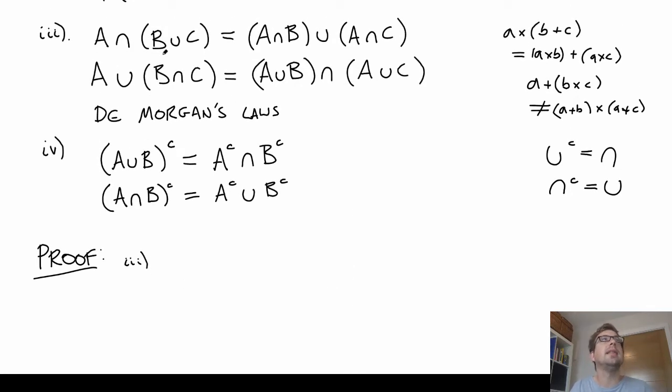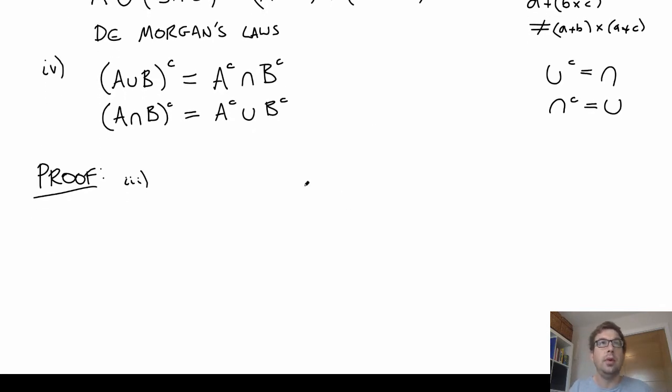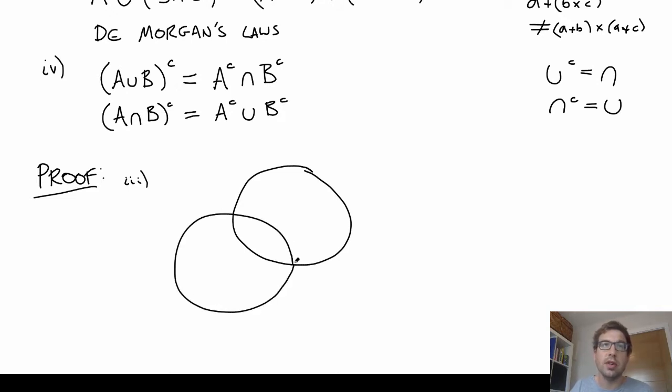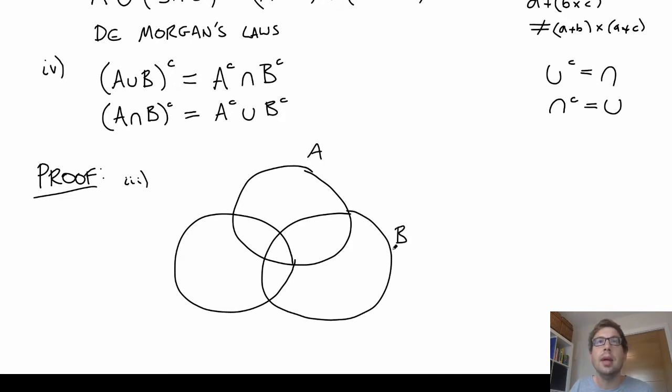I want to show that A intersection B union C is equal to A intersection B union A intersection C. So if I draw my sets, A, B, and C, and I want to look at A intersection B union C, well, B union C is all this area here, and the part of it that intersects with A is clearly this area here.